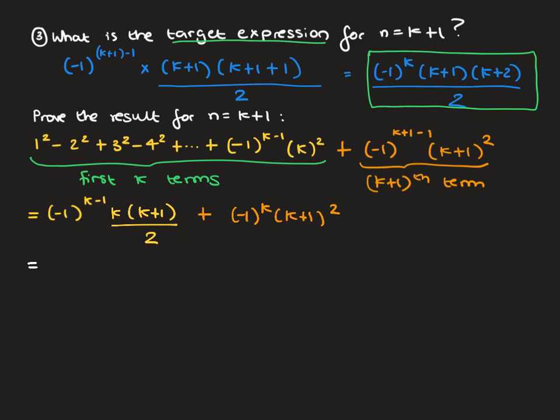So what can we take out? Well, we can take out a factor of a half, which will be useful to us. Always look at the final result and see what you're trying to get to. Now we want there to be a negative 1 to the k in that, so I'm going to take out a negative 1 to the power of k, and then I'm also going to take out a k plus 1.